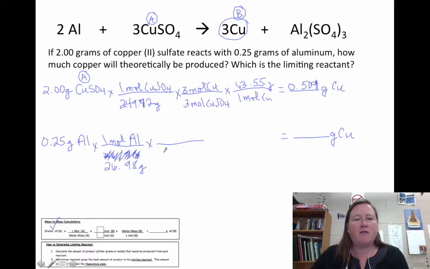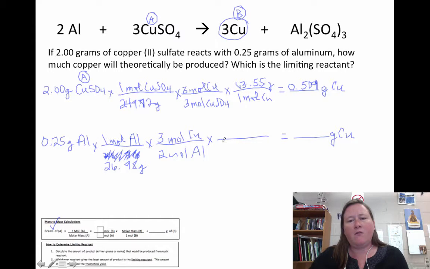My mole-to-mole ratio: for every 2 moles of aluminum, I have 3 moles of copper. And 1 mole of copper is 63.55 grams.